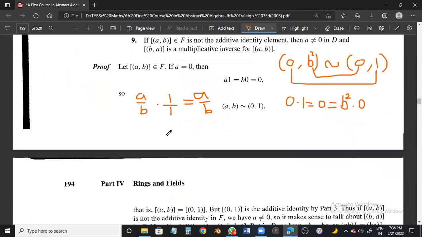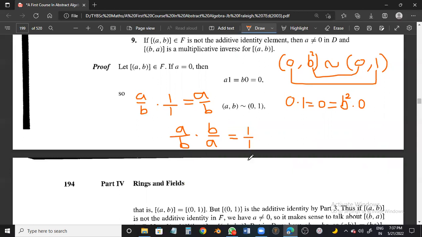Yes. So the multiplicative inverse must exist. What is the multiplicative inverse of A by B? It is nothing but B by A. But when I say A, B belongs to the set, I have assured that B is non-zero. So here you have to mention that A is also non-zero. If A is non-zero, then and only then it will have an inverse.